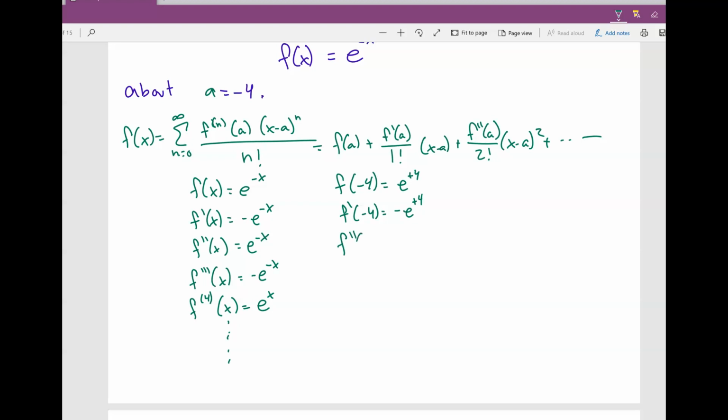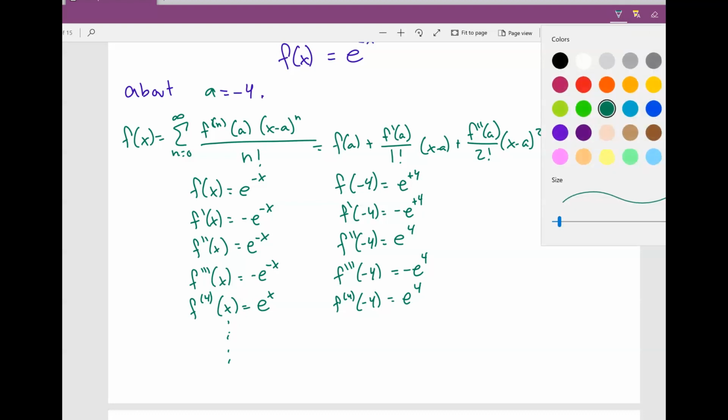Then f double prime of -4 is going to give me e to the 4. F triple prime of -4, you're going to have negative e to the 4. And then the fourth derivative at -4, you're going to have e to the 4. Okay, so you can kind of see that you have some sort of alternating series here, where you're going back and forth, positive, negative, positive, negative.